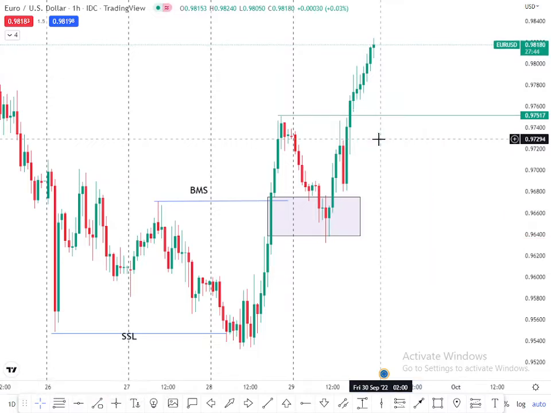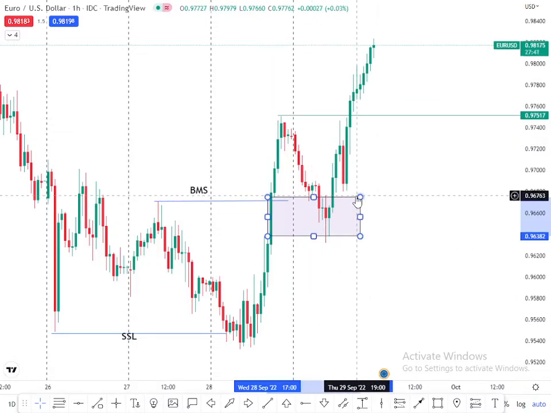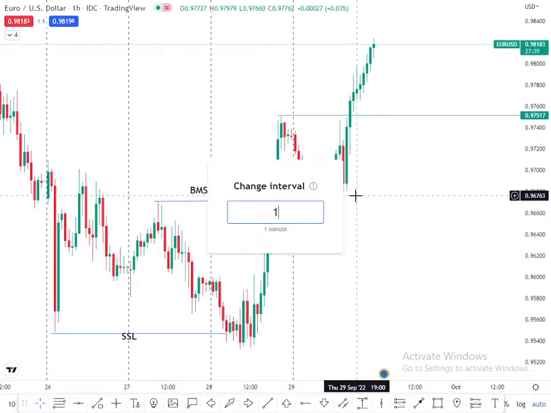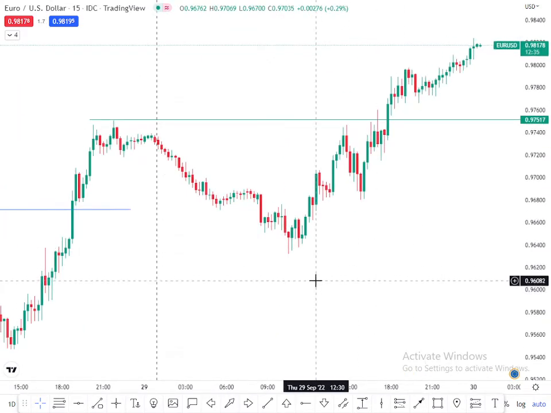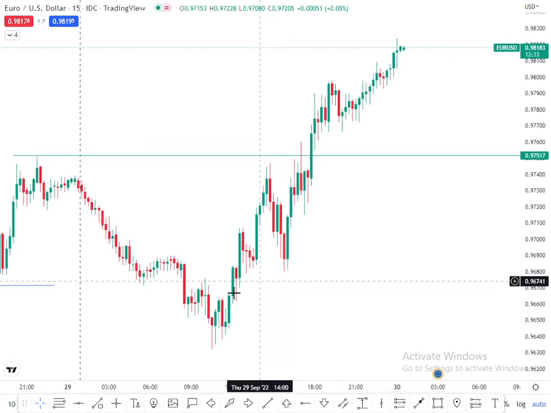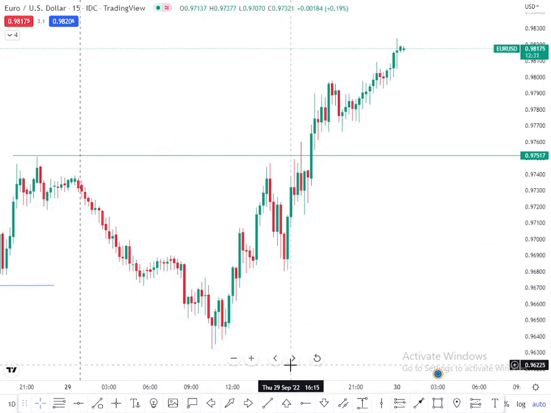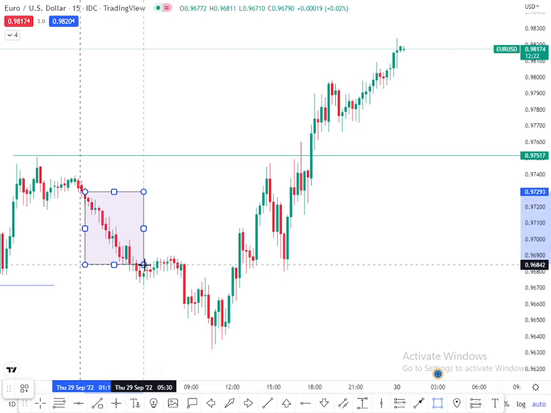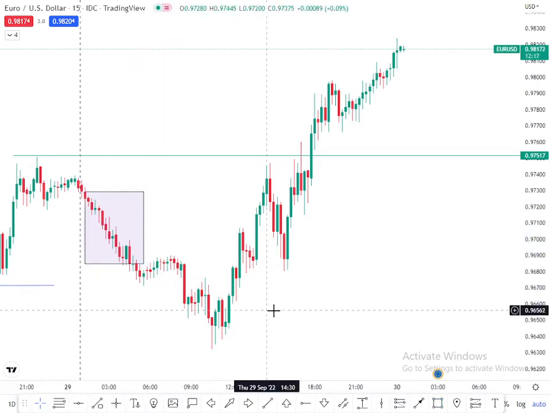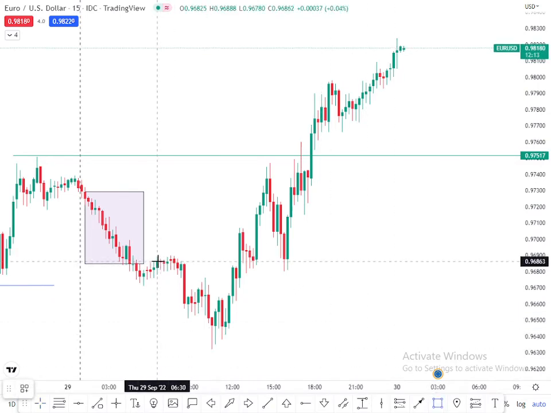Basing on the 15 minute, this was a classic scenario of a market maker buy model, according to what ICT normally outlines, right? There's a level of consolidation that you can frame, those three significant boxes before we get to that last one.